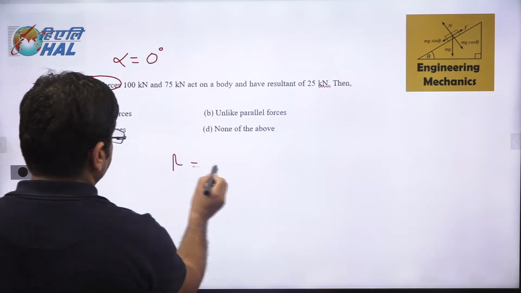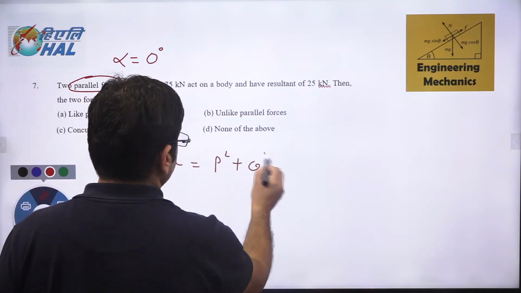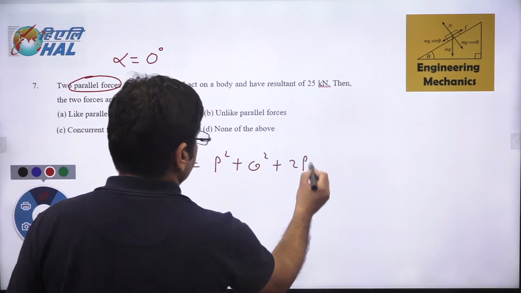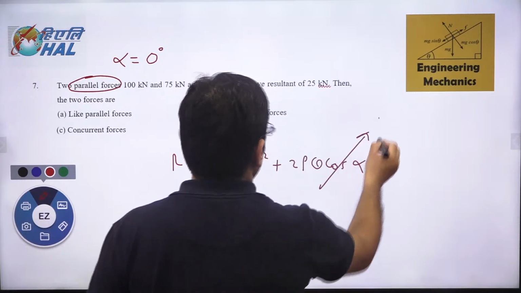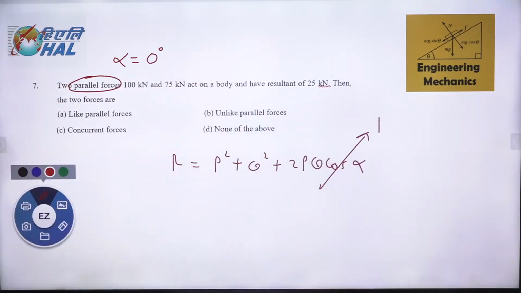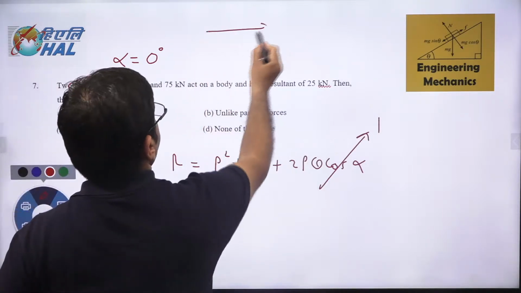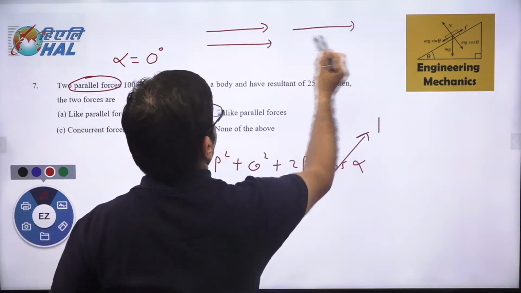So resultant is root of P square plus Q square plus 2PQ cos of alpha. Cos of alpha is 1 because they are parallel forces. So it can be like, it can be unlike. Parallel means it can be like this or it can be like this.